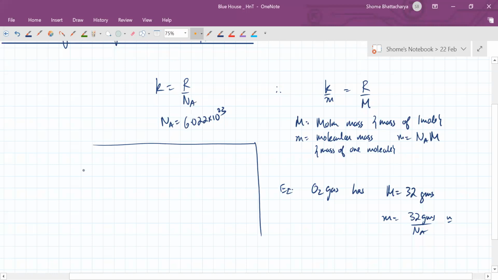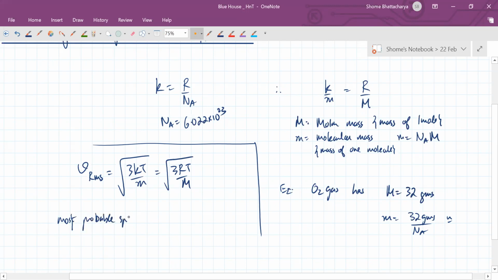So that is why when we are talking about RMS speed, it is √(3kT/m), but that's the same thing as √(3RT/M). Okay. Similarly, now most probable speed, Vp, is given by the formula √(2RT/M), which is the same thing as √(2kT/m).